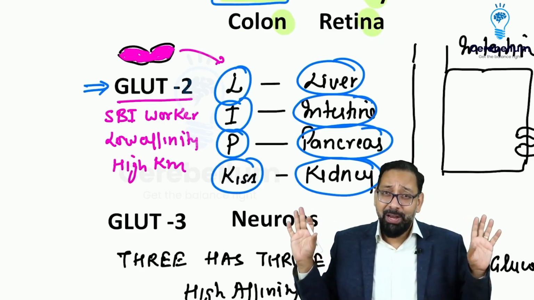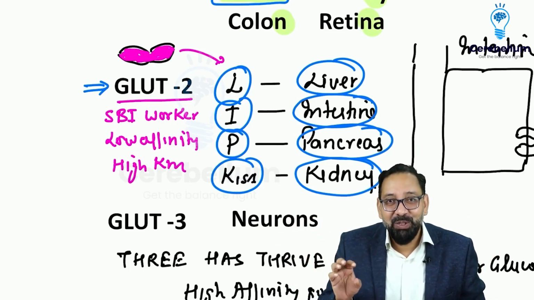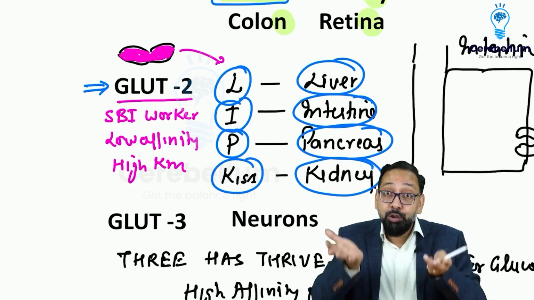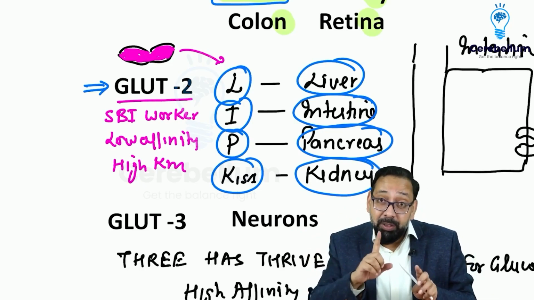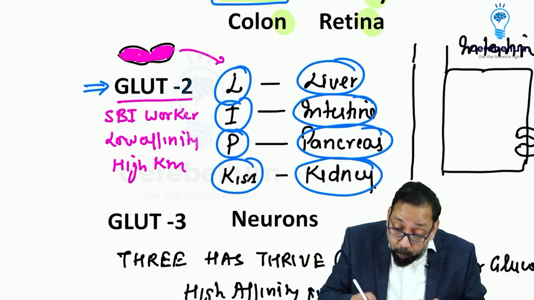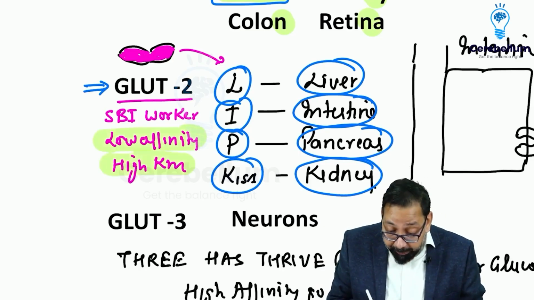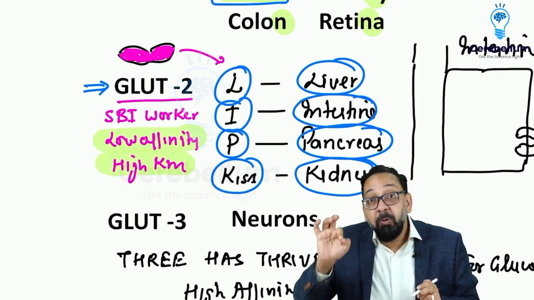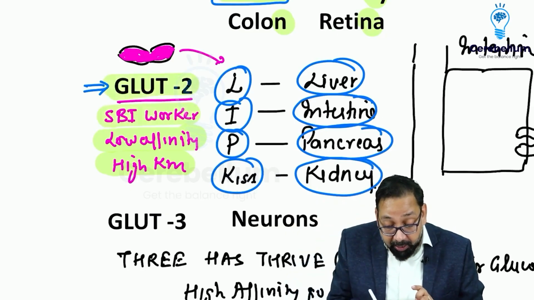Whenever workload is very high, then they do work. In the same way, glucose transporter 2, when blood glucose is normal, will not work. When blood glucose is high, then they will do the function. Point it out: they have low affinity for glucose, high Km. Low affinity means they will work only when blood glucose is high. Low affinity, high Km, just like SBI workers, lip kiss.